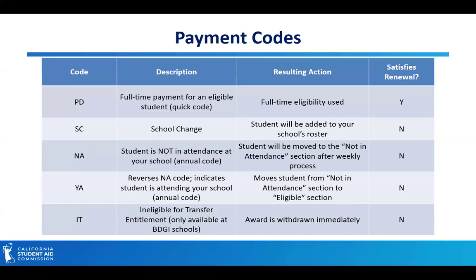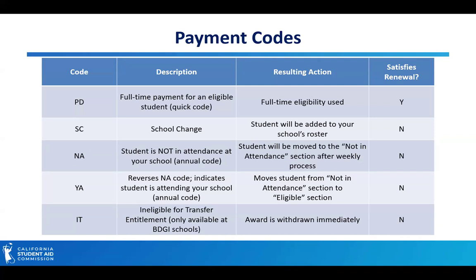So there are 5 payment codes that you can report and an additional 4 adjustment codes that will auto report on the roster to reflect accepted payments and adjustments and reconciled payments and adjustments.